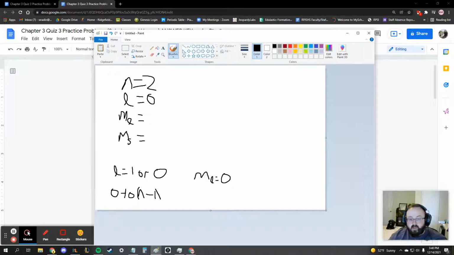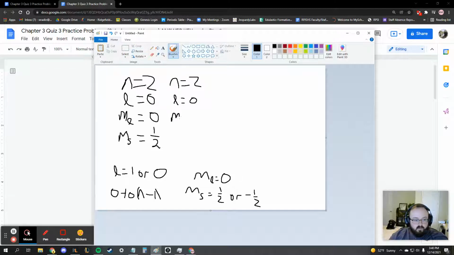There's no positive or negative 0. And our m sub S can equal 1/2 or negative 1/2. This means it either spins upwards or it spins downwards. So we have L equals 0 and m sub S equals negative 1/2.